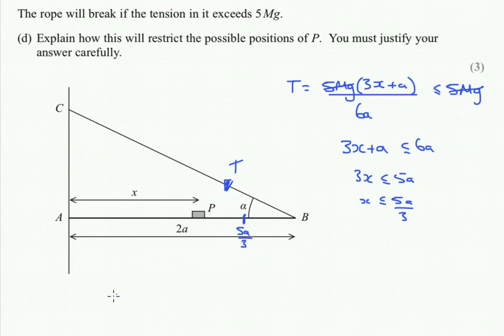If it does, the rope will break. So in order to answer the question fully, it says answer carefully, we need to say that x, or P, must be less than or equal to 5a over 3 for the rope not to break.